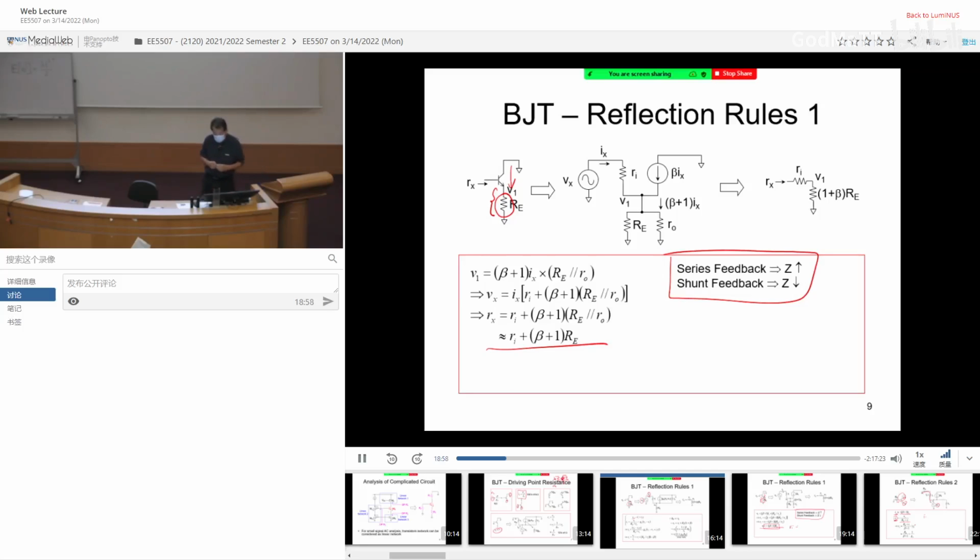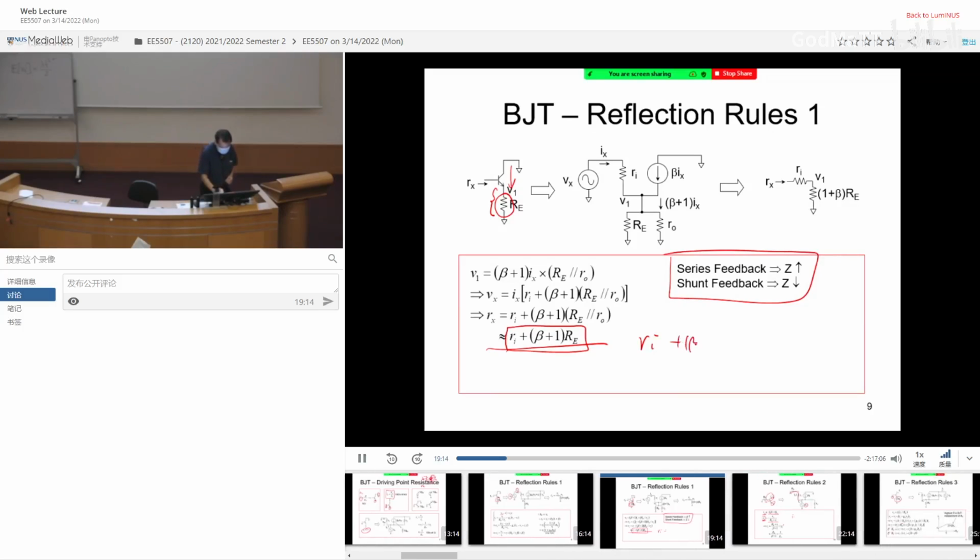Okay? So with this series feedback, the observation is it boosts the input resistance. You can see that without Re, the input resistance is Ri. But once you insert this resistor, it's boosted to Ri plus (beta plus 1) Re. So this series feedback helps improve the input resistance.